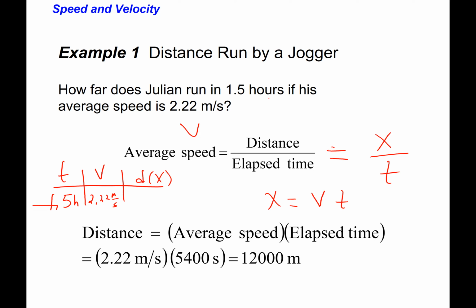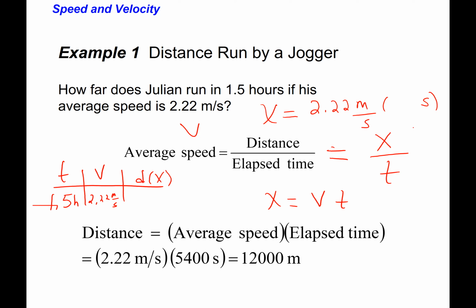In other words, when we solve for the distance and we have 2.22 meters per second, we need to have our time in seconds so the seconds will cancel out and my final value will be in meters.